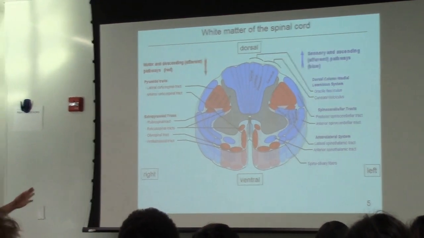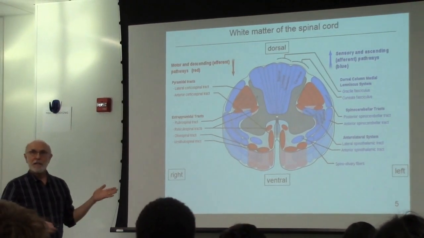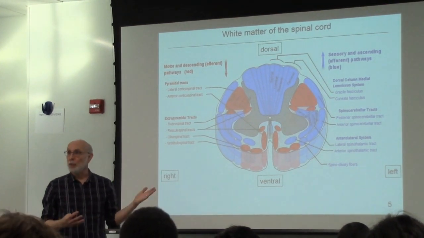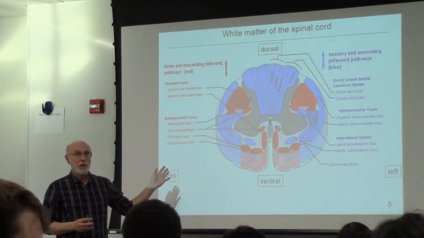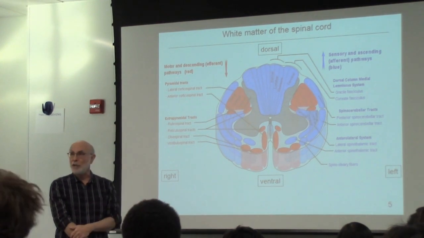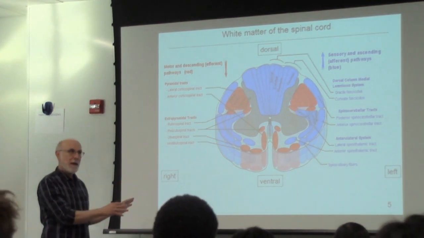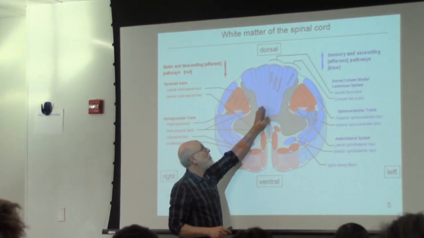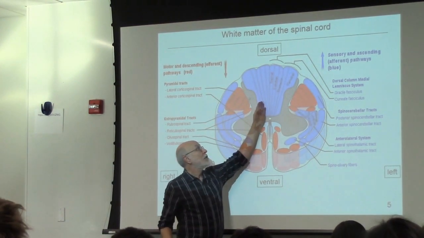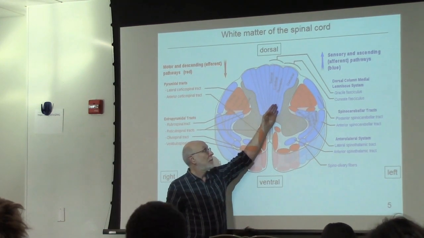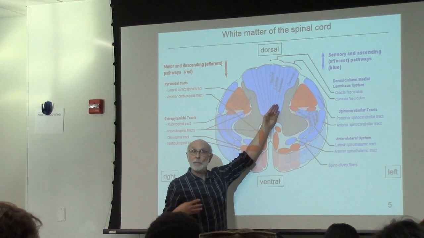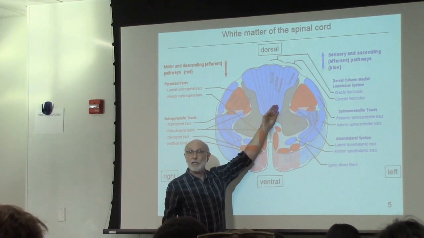So here's a complicated slide, cross-section of the spinal cord. Right now we're focusing on the blue. The red is motor, so we're going to come back to this when we get to the motor system. So you can ignore the red and focus on the blue. Here's the right dorsal column and the left dorsal column, carrying touch, pressure, and proprioception information.